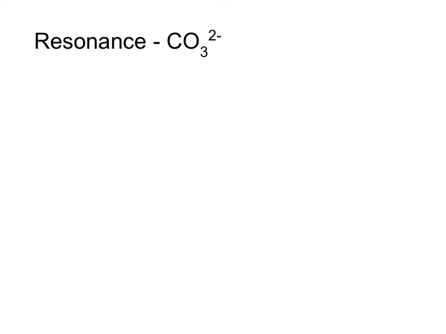Here we're going to look at another example. So we're going to take a look at the Lewis structure for the carbonate polyatomic ion. So we could write out one Lewis structure that would look like this.